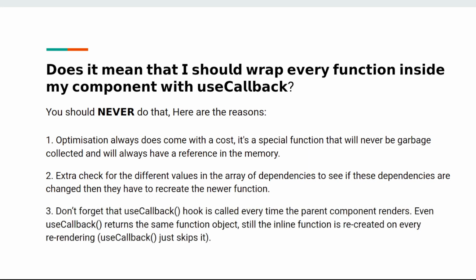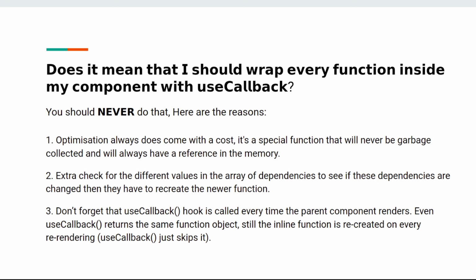And don't forget that the useCallback hook is called every time the parent component re-renders. So it is not like you are preventing a function call. Your useCallback is actually a function which is taking another function. So it means that useCallback is actually called every time. Even though useCallback returns the same function object, the inline function is still recreated on every re-render.